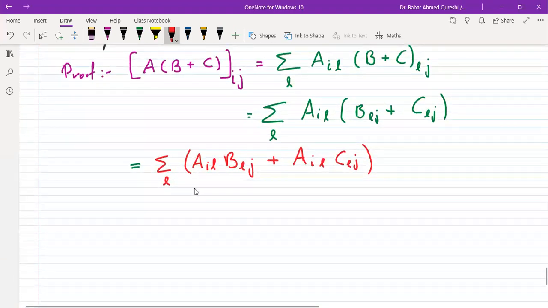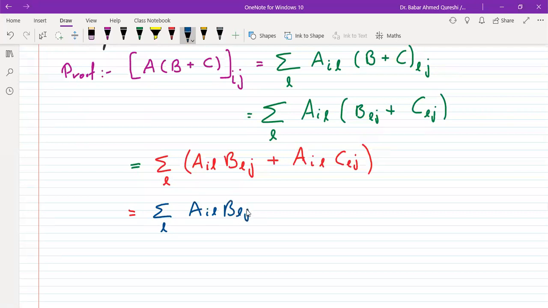And now I have a sum with two entries. These are just a bunch of additions, so I can break the sum up into two sums. Because when I do this double sum, obviously I'll get all these entries back because there's already a sum over there.